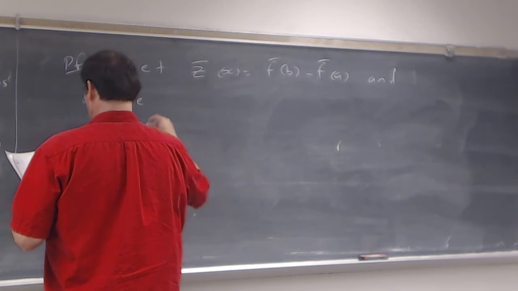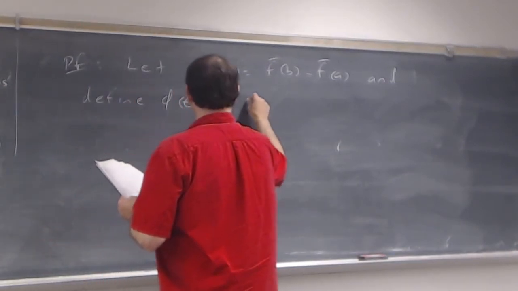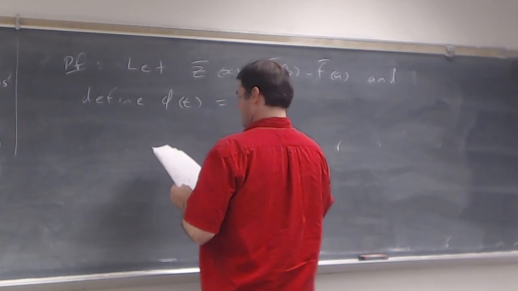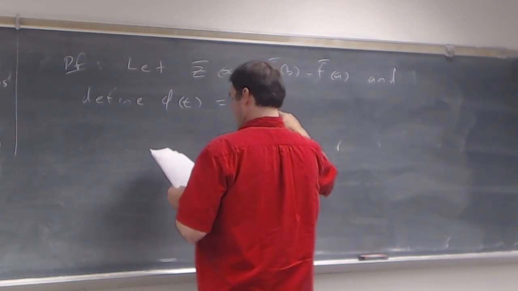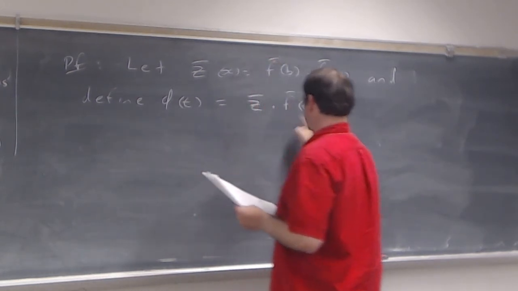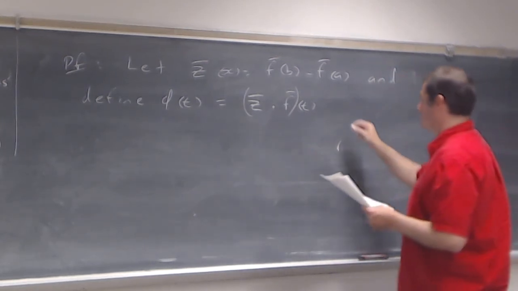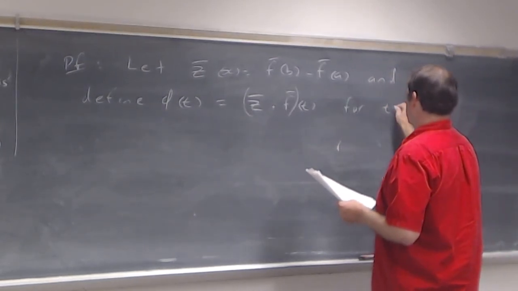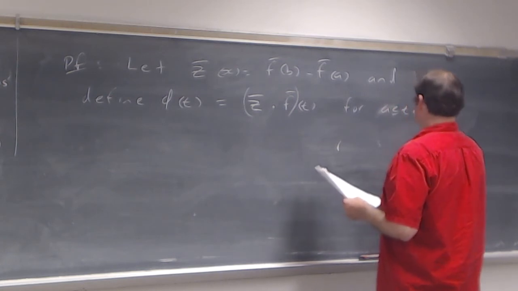And define phi of t to be equal to z bar dotted with f bar of t, the inner product between these two functions acting on t, for t between a and b.